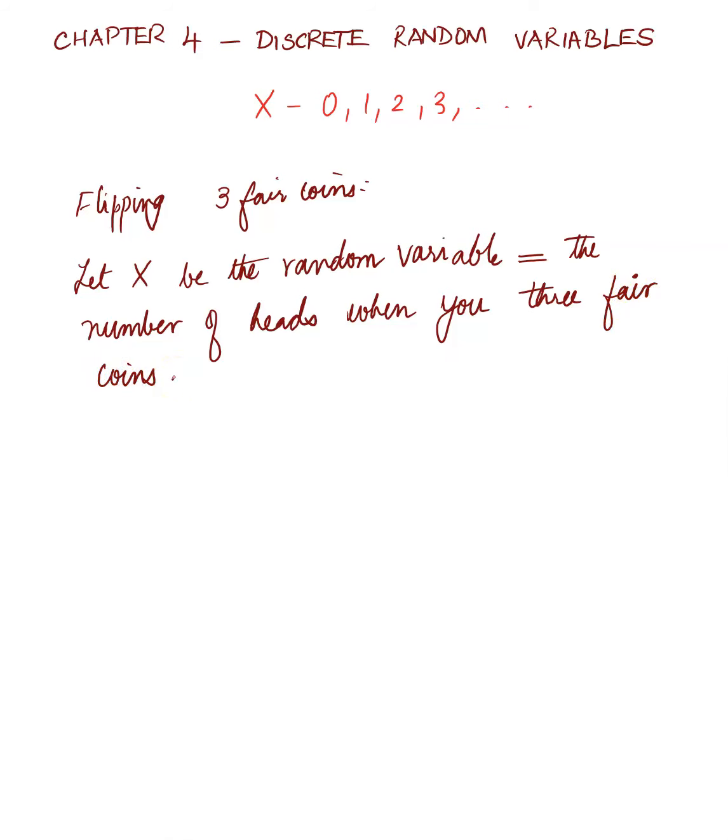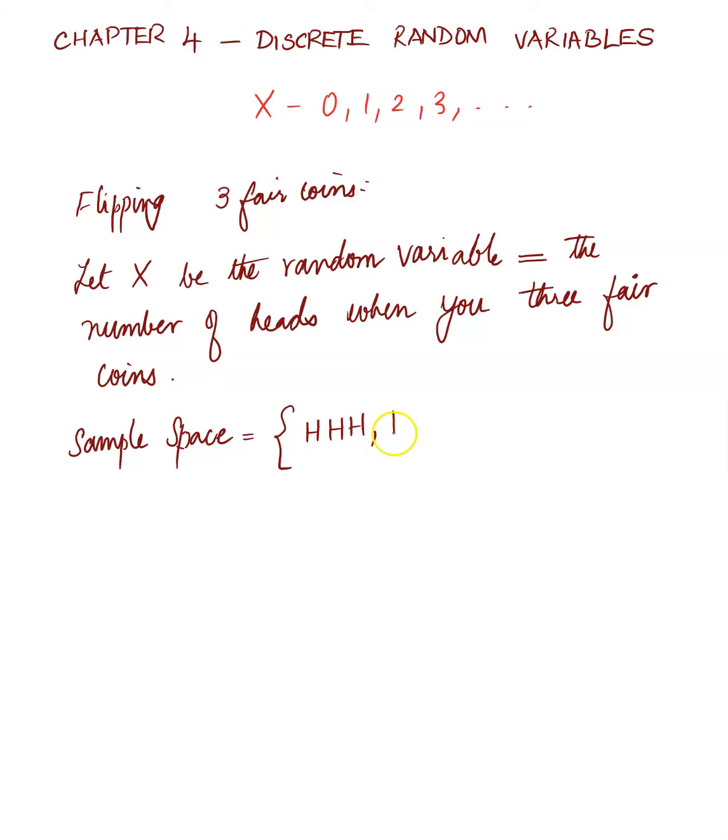So if you think about this, we need to understand our sample space would be all possible outcomes, right? So we're flipping 3 coins. So the possibilities would be that you get head, head, head the first time, right? One of the options.